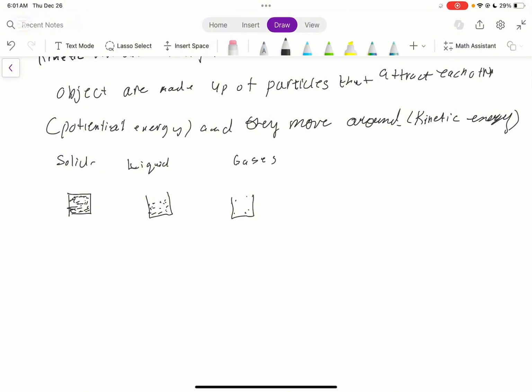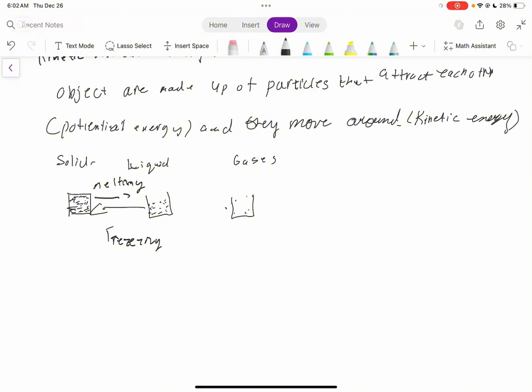We can go from a liquid to a solid by freezing. Or we can go from a solid to a liquid by melting. Similar to how water can go from a liquid to a solid by freezing it, and then how we can boil it, and how we can melt it and it'll become water.